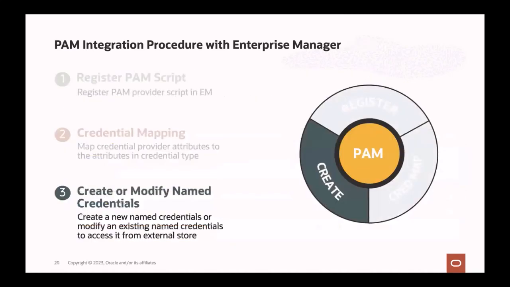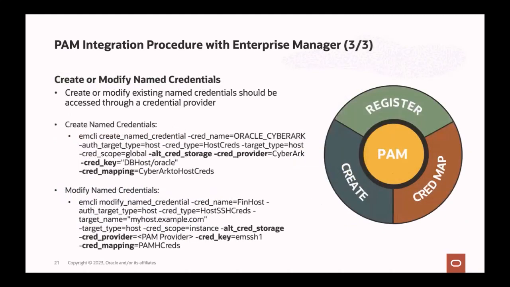So now that we have seen how to create the credential mapping for database target type or host target type, now let's look into the final step on how to create or modify an existing name credential in Enterprise Manager. So this is the final step in the whole of the PAM integration with EM.